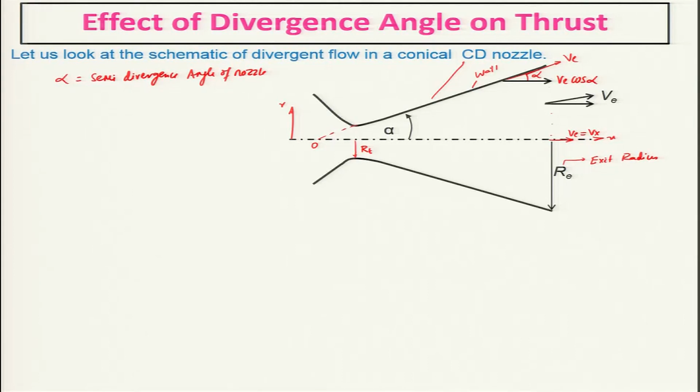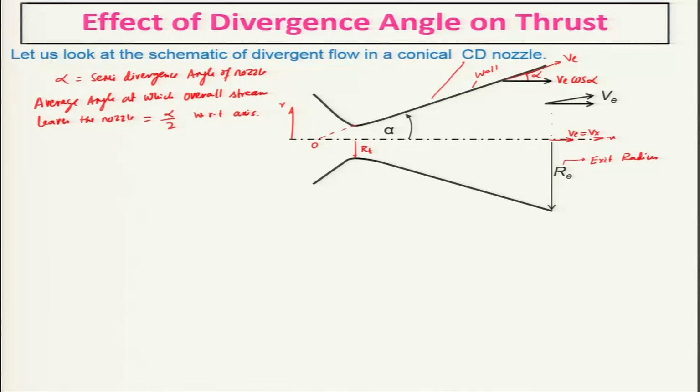So, the average angle at which the overall stream leaves the nozzle will be, if I take the average, alpha by 2 with respect to the axis.